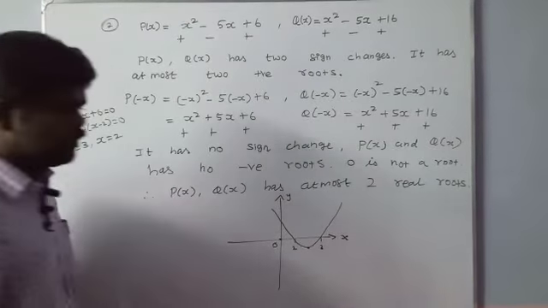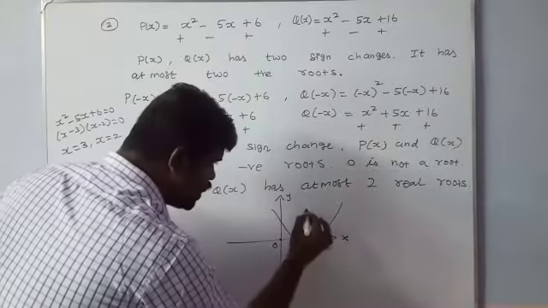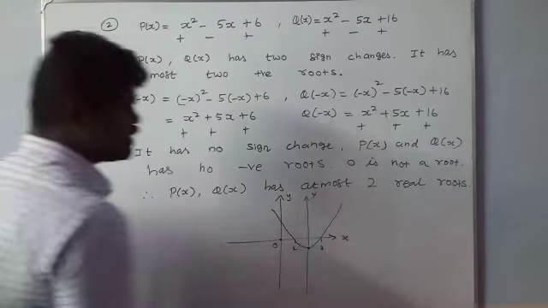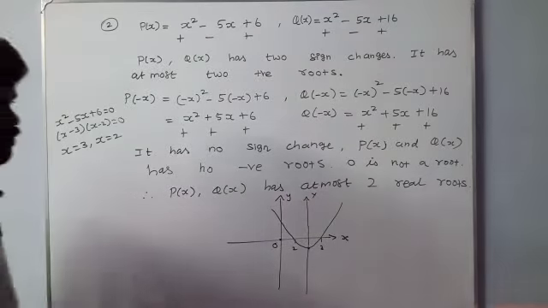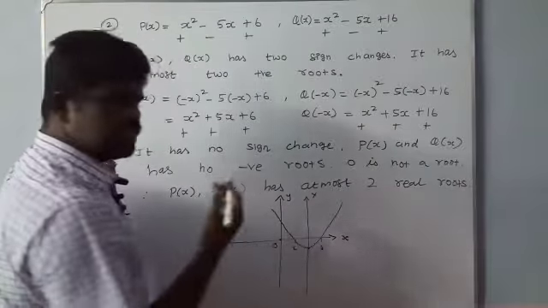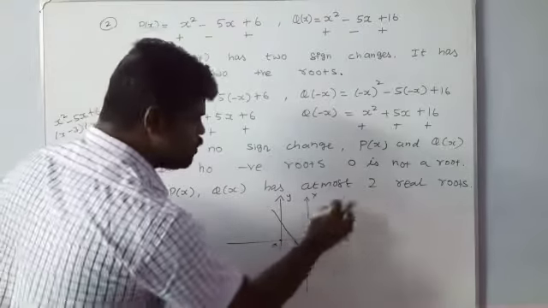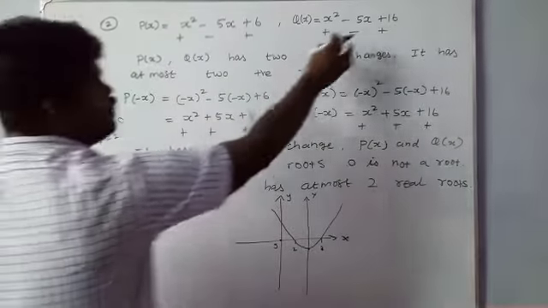This is also the vertex of the parabola, and draw the line. This is the y-axis maybe. So this is the rough sketch only. We want to intersect 2 and 3 with the upward parabola and compare.